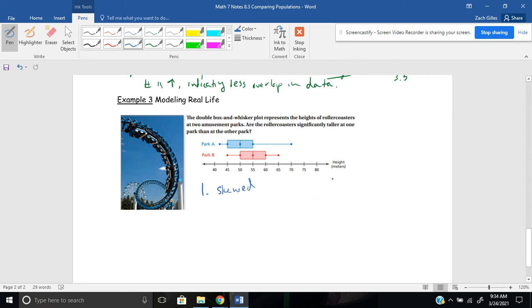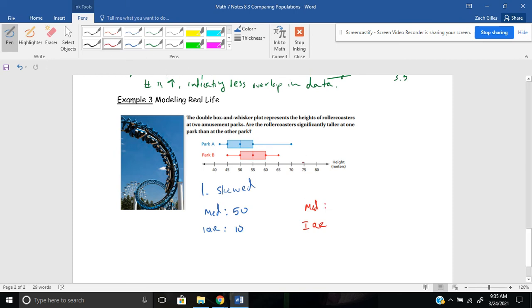And so I'm going to use the median and the interquartile range for both Park A and Park B. We can quickly look and see. This is what's kind of nice about box and whisker plots. Our median is at 50. And our interquartile range, 55 minus 45 is 10. The ends of the box subtracted from each other.